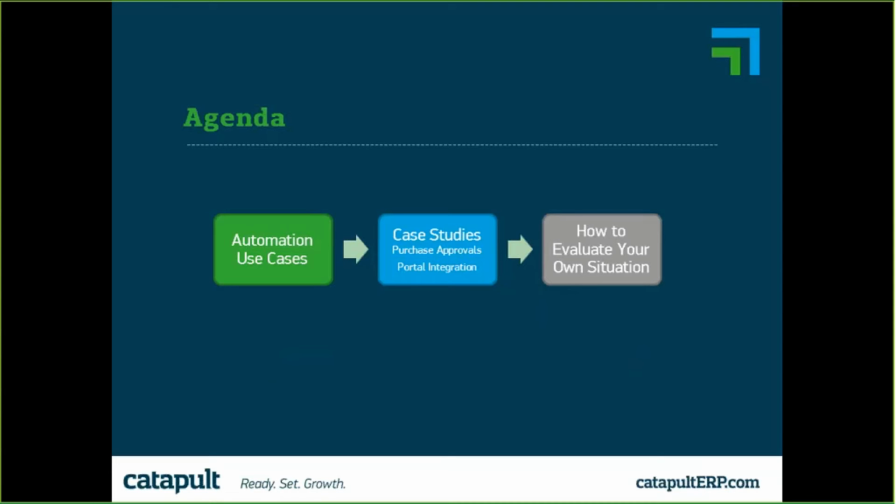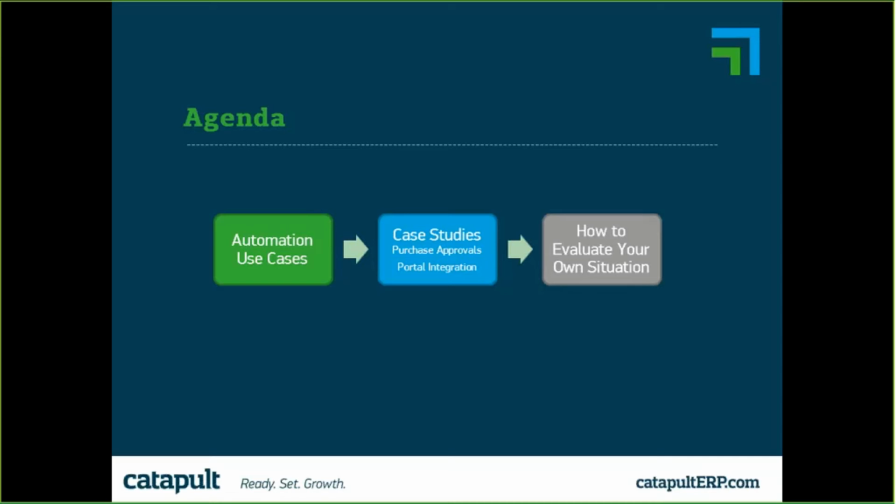So as I said before, we're going to look at the automation use cases today. We're going to take a peek at two case studies for two very different clients that we have. One is for some purchase approvals for an oil and gas services company in Calgary. The other one is a portal integration and some automation for a non-government entity here in Vancouver.